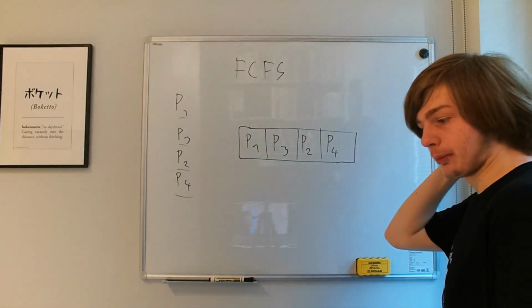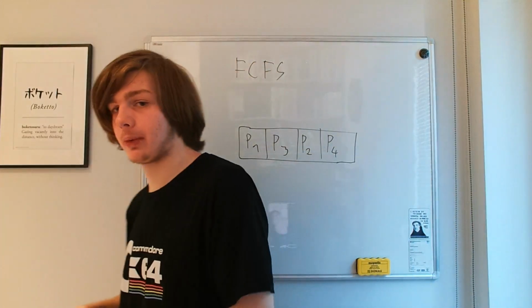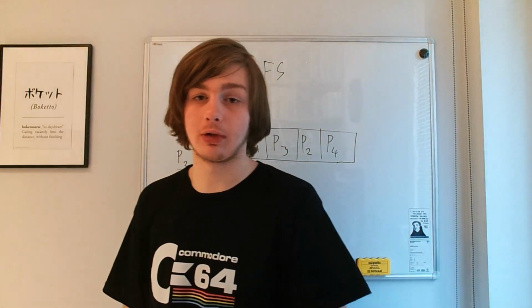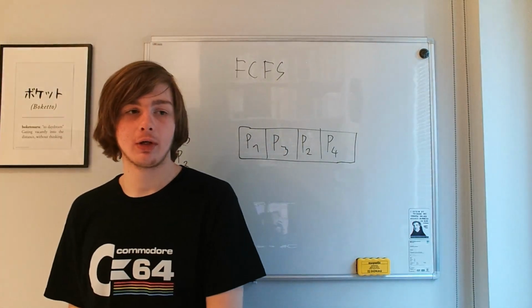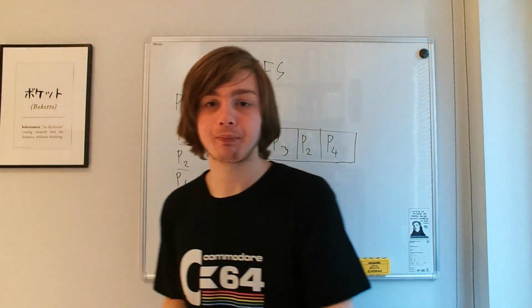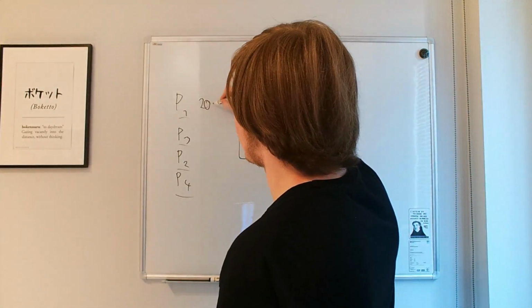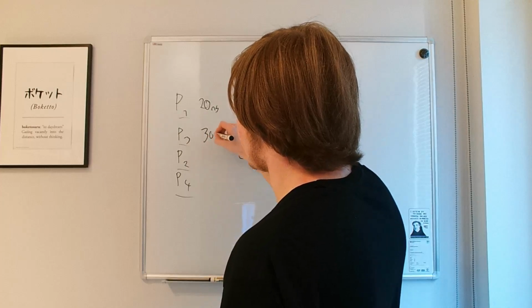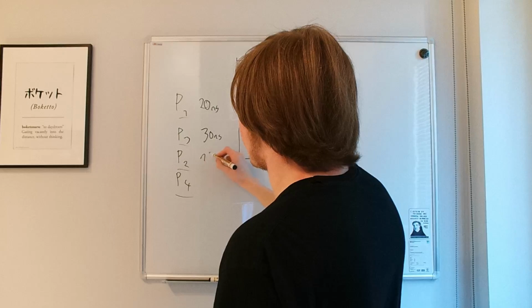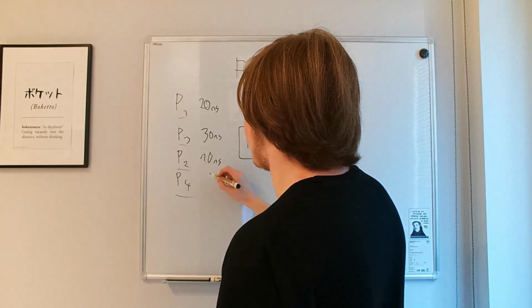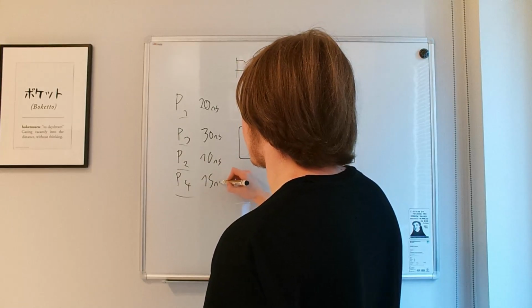But if we have some additional information, for example, about how long a process is going to execute, and roughly estimate that by the amount of code that it has, if we have some estimate of time, for example, let's say this would take 20 nanoseconds, 30 nanoseconds, 10 nanoseconds, and then 15 nanoseconds.